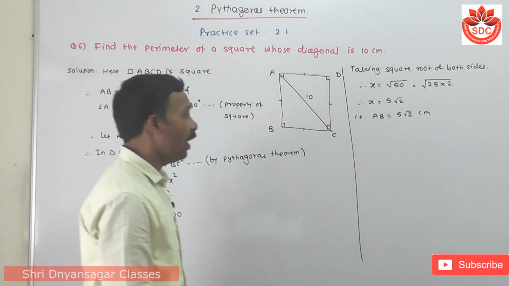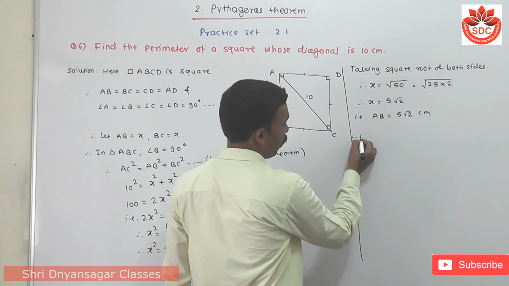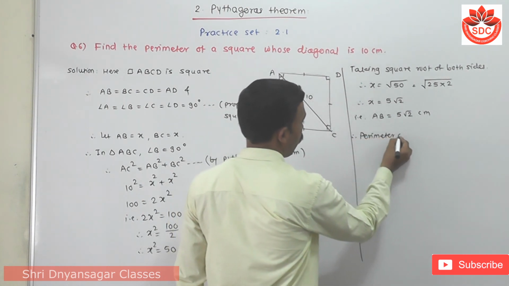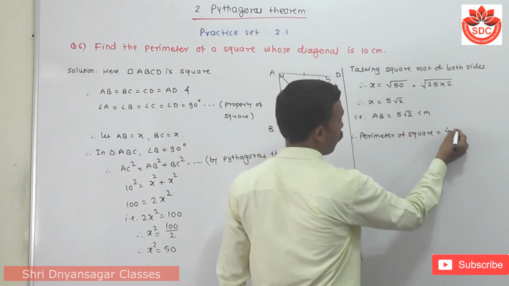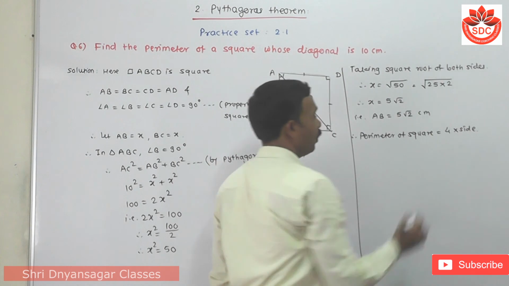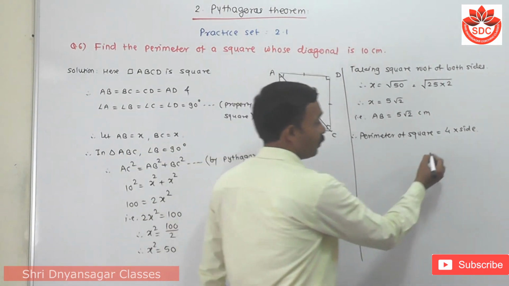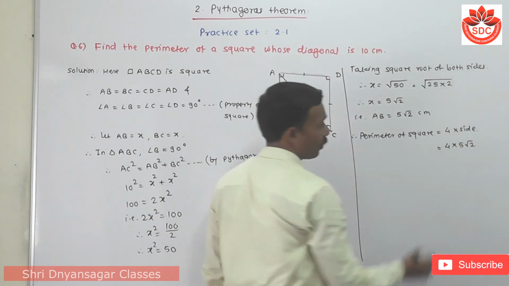Now let me find its perimeter. The formula for the perimeter of a square is 4 into how much? Side. Or you can also write AB plus BC plus CD plus AD. Then substitute the value of the side: 4 into 5 root 2.